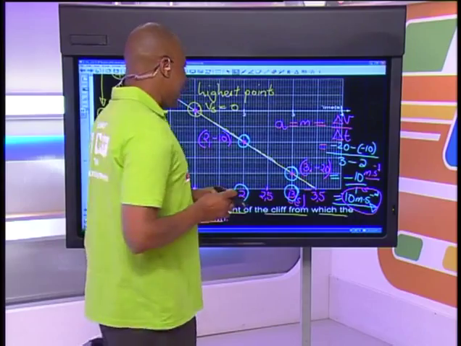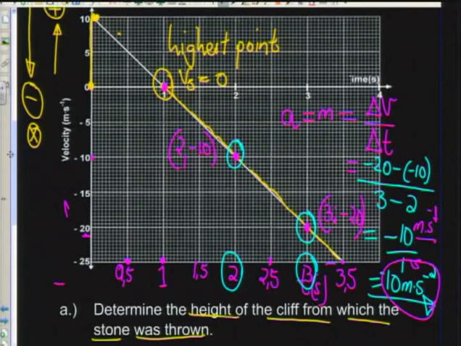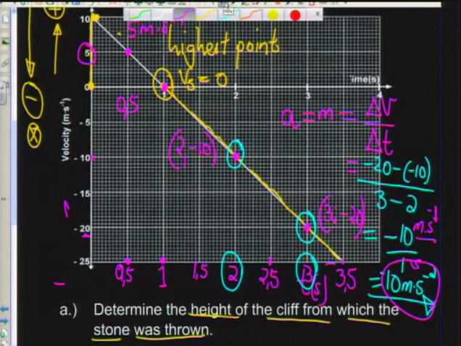For example, I can say that at the time 0.5 seconds, which is this point here, the stone was moving at 5 meters per second. Okay? I can tell that because that is the speed at which it was moving. At the same time, there is another point where this stone was again moving at 5 meters per second, but in the opposite direction, which is this point here.